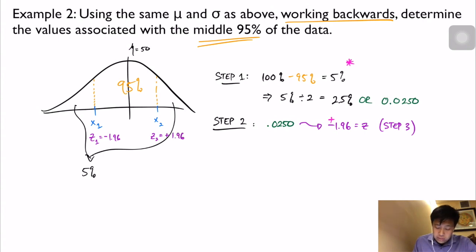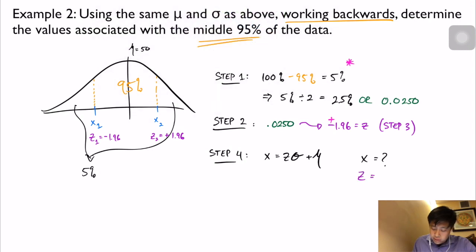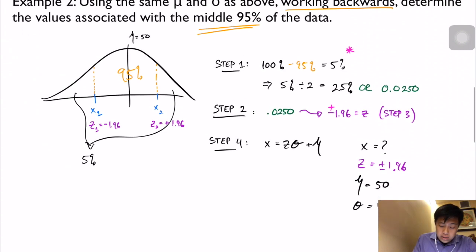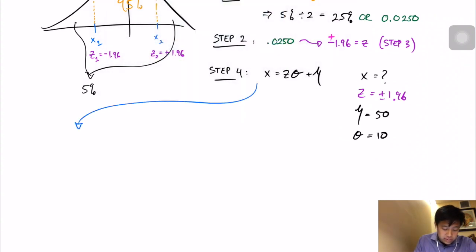Step 3, or 4 now technically, is using the same formula to figure out both our values. And again, it helps if you write down the variables out. Plus or minus 1.96. Mu is 50. Sigma is 10. And it's exactly as you would imagine. Same thing we did before. We have an x1 now.